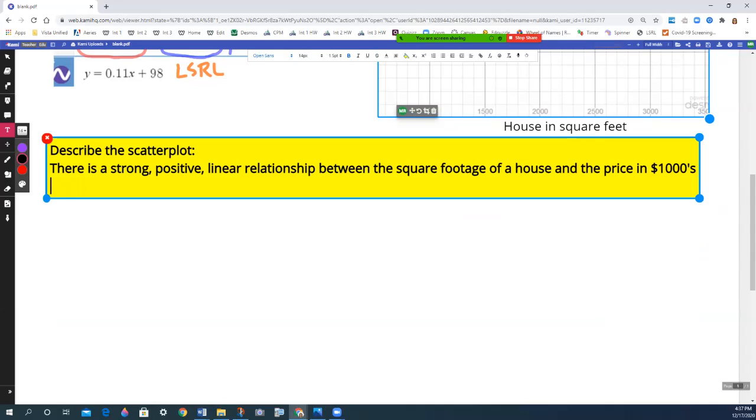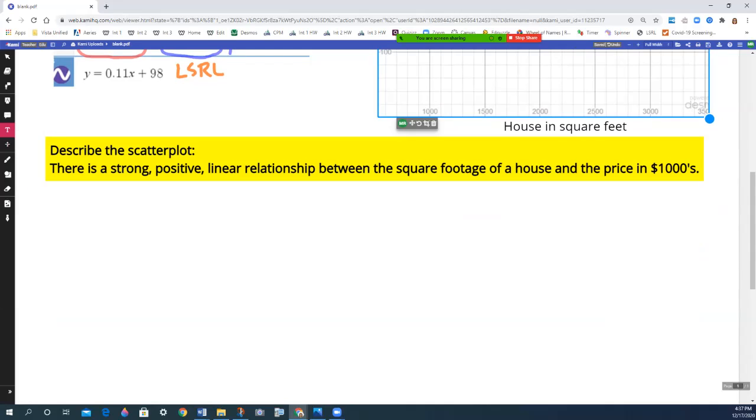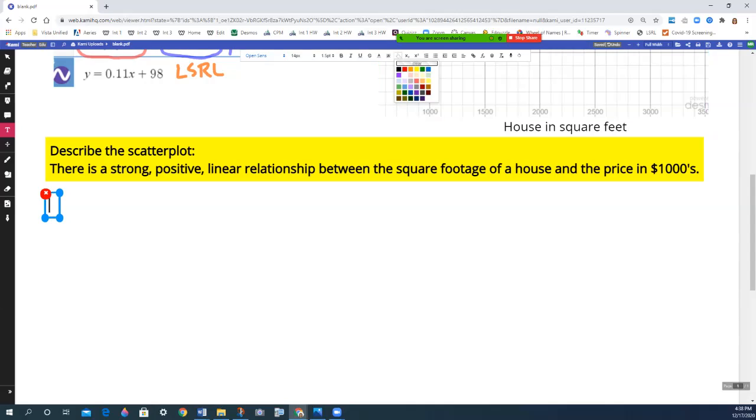Now, the next thing we're going to talk about is the slope. Okay, so we're going to interpret the slope. So I'm just going to grab a new text box. And for this, again, we're going to interpret the slope. Interpret slope.